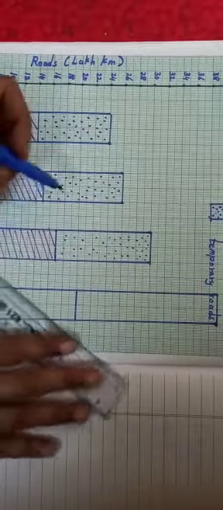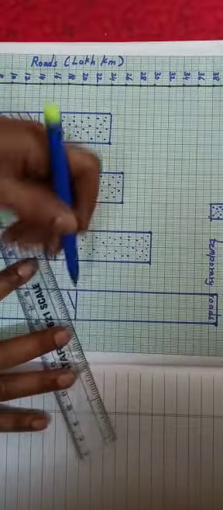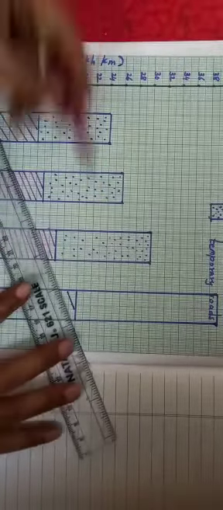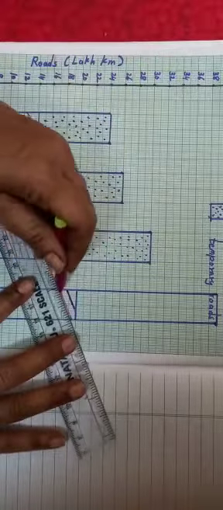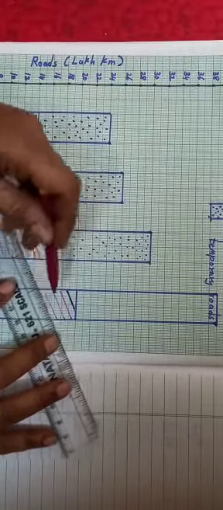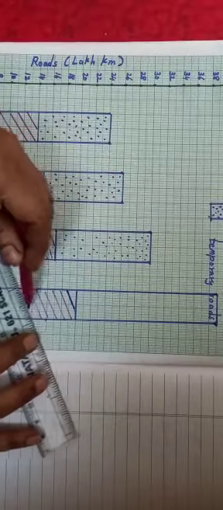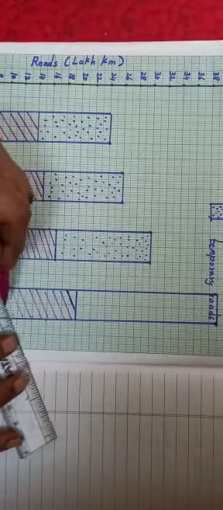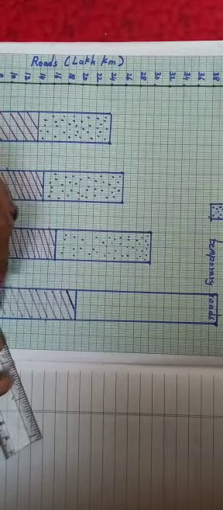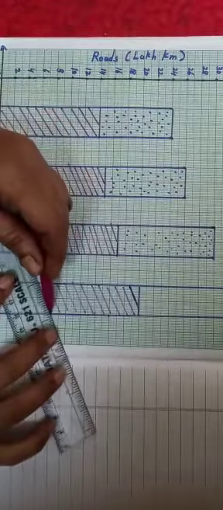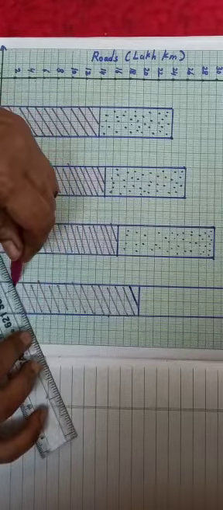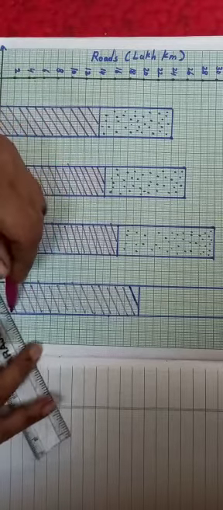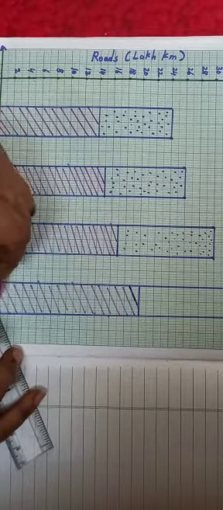Okay, so I will show permanent roads, and temporary roads we can show by dots.